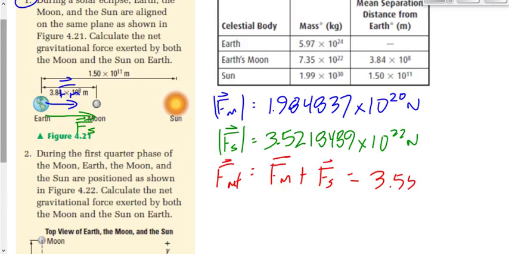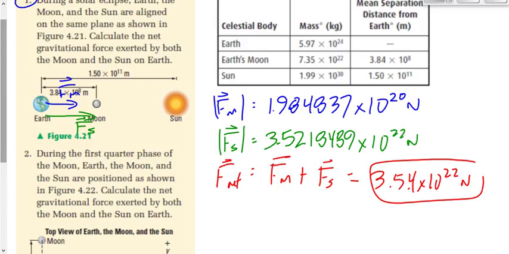So that's a bigger number than we had before. Why? Remember we had 3.50, I think it was, times 10 to the 22? Now it's 3.54. Why is this one bigger? Yeah, because the Sun and the Moon are helping each other out now, as opposed to opposing each other like they were in that last example. When do you think you get the strongest tides?